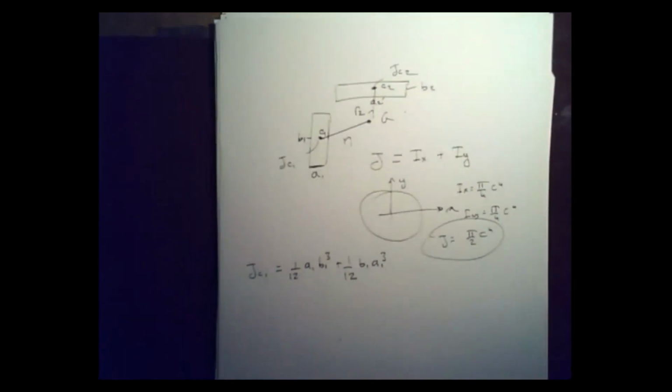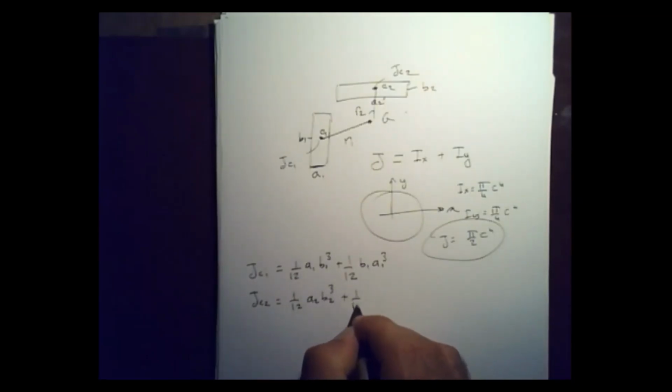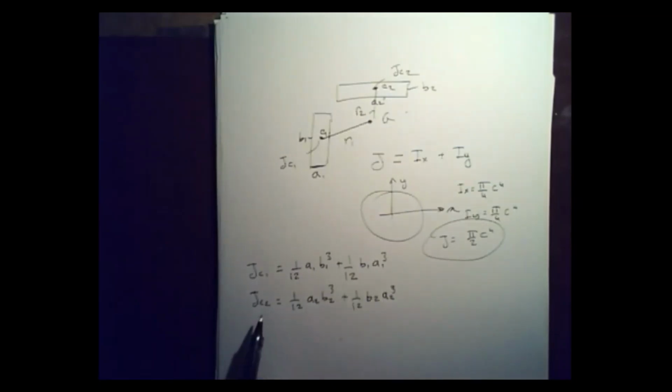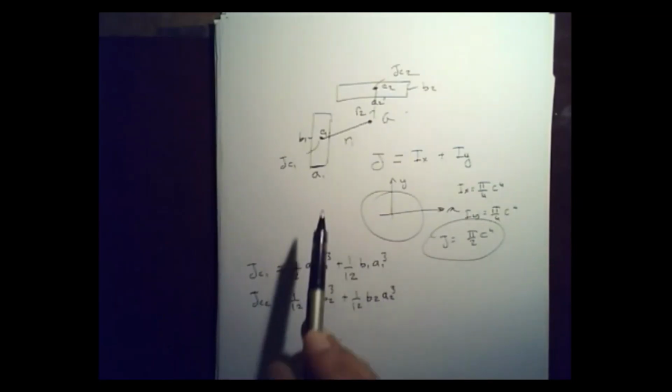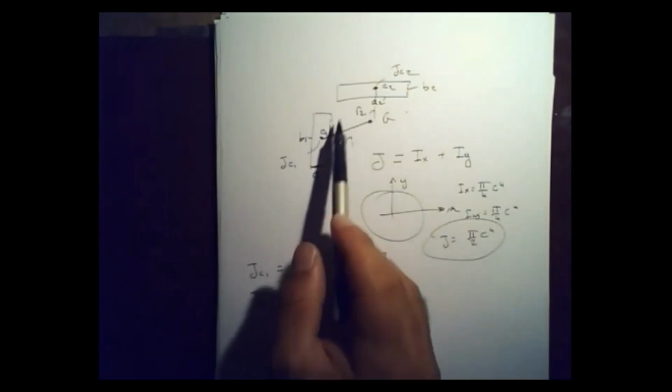So we're done with JC1, and then JC2 is going to be equal to 1 over 12 A2 B2 cubed plus 1 over 12 B2 times A2 cubed. So now you found the polar moment of inertia about the centroid of these elements, or these welds.